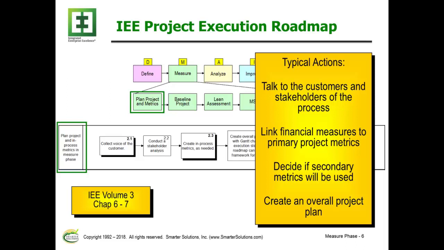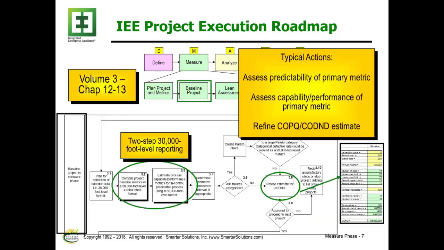We really want to look at linking our financial measurements to what we're actually doing on this project, so people at all levels in the organization can see the benefits of what we want to do. We could also see if secondary metrics might be useful, like overall defect rates or defects per million opportunities if that looks appropriate, and then create an overall project plan of getting it done.